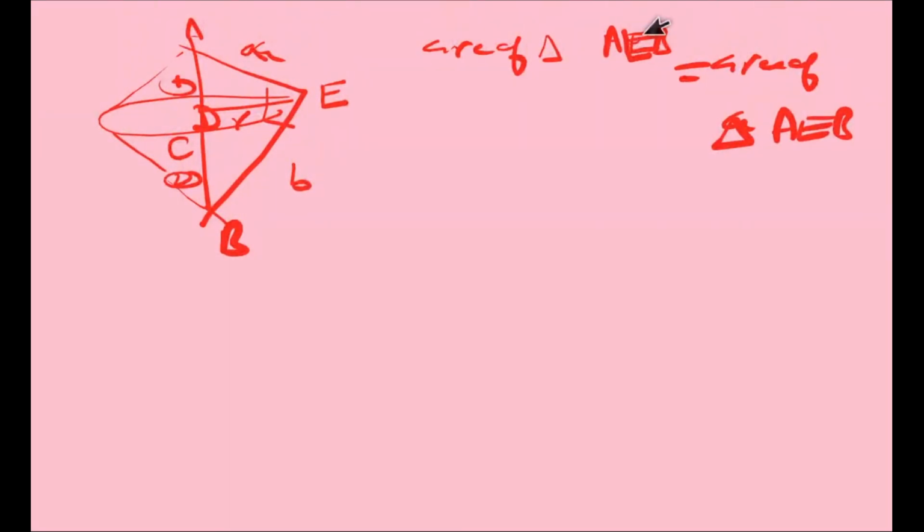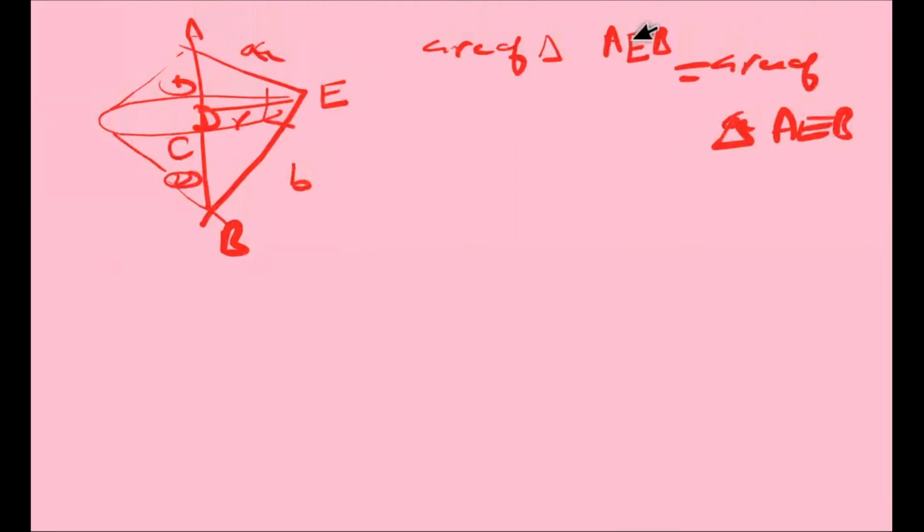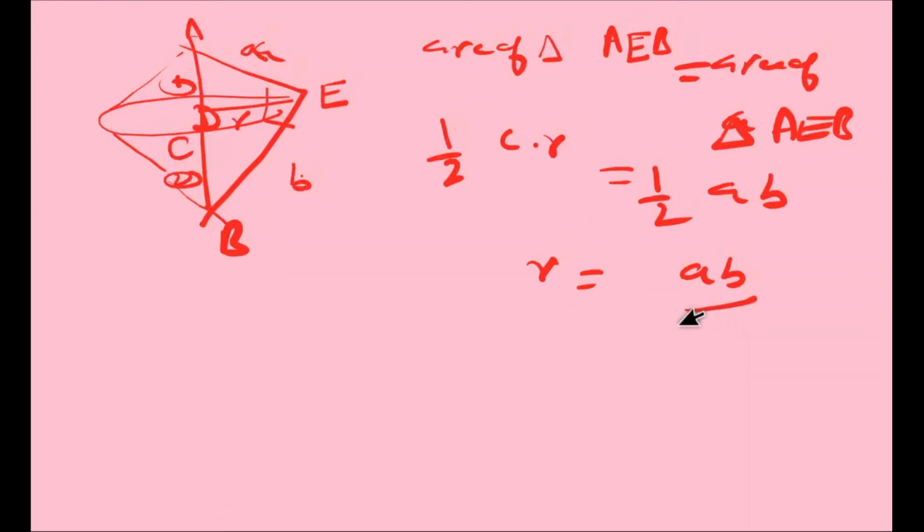First we will use the area of the triangle: this will be the base and this the height, half into base C into height R, and here we take the base A and B height, and this is 90 degrees, so half into A into B. This way you can find C into R equals A into B, so R equals AB upon C.